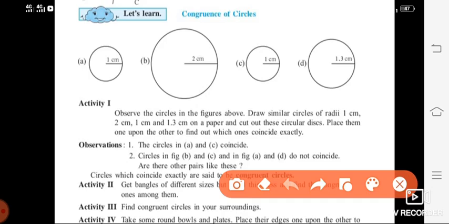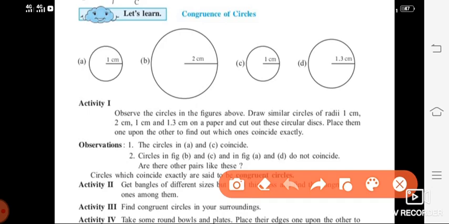So the 1 centimeter circle which you have prepared will exactly coincide with circle A and circle C. So children, we can say that they both have equal measurement. Now if you take the 2 centimeter circle and keep it on B, will it be exactly equal? Yes, it will coincide. But is there any other circle of 2 centimeter radius? No.